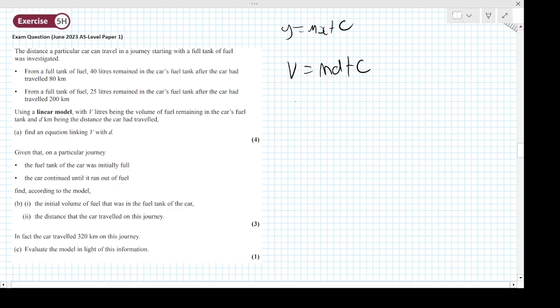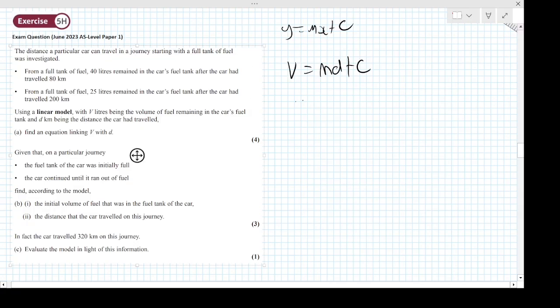However, I do think with these type of questions, it's better to just substitute values in rather than just try and find a gradient or y-intercept or whatever. I think it's a lot easier and probably a bit more intuitive to do it that way. What I mean by that is these two sentences represent two different points, two different values, right?